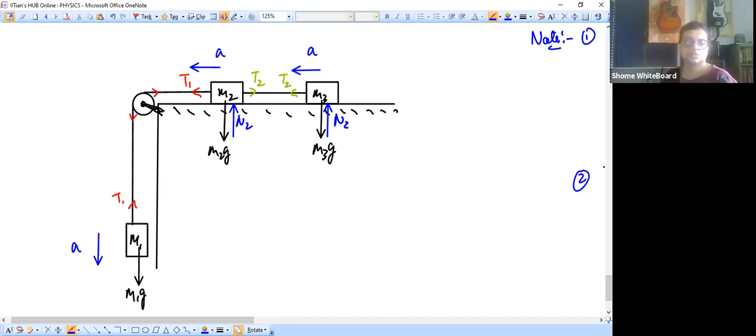Okay. Suppose I'm labeling the blocks A, B, and C. I now want to use the equation that net force is equal to mass into acceleration.